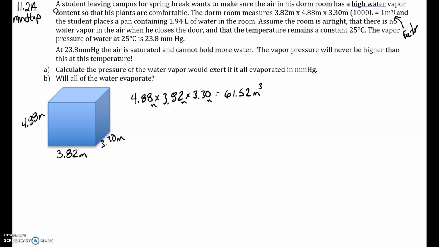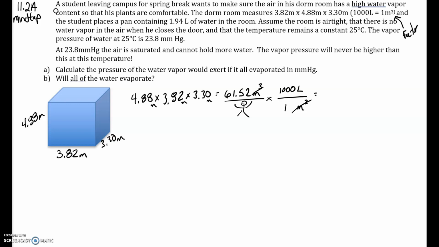If you remember, we can convert by using dimensional analysis. I'm going to take this number and put it over a stick figure. I need my cubic meters in the denominator so they cancel, and what goes with cubic meters is the 1, and the other part of that factor is the 1,000 liters.